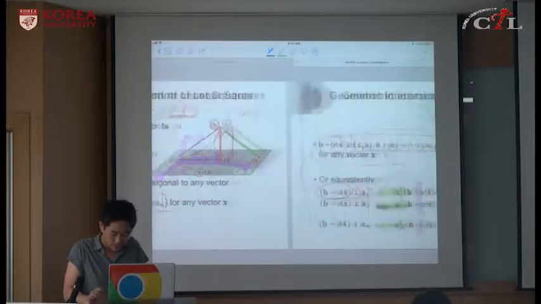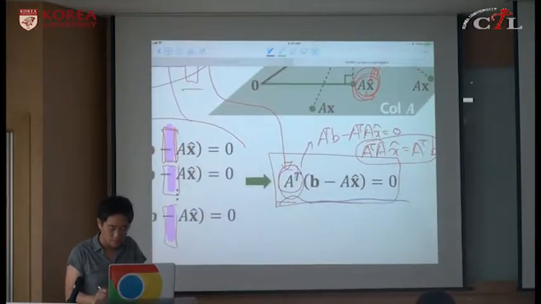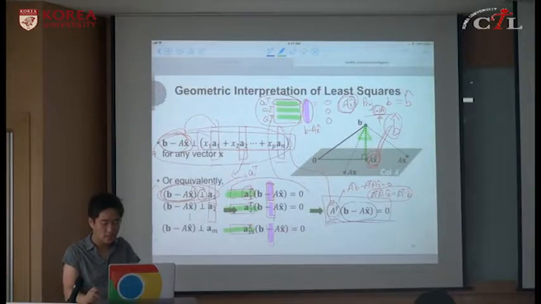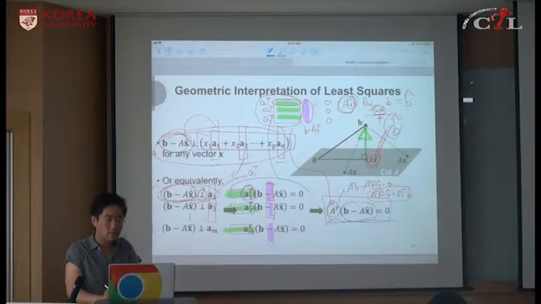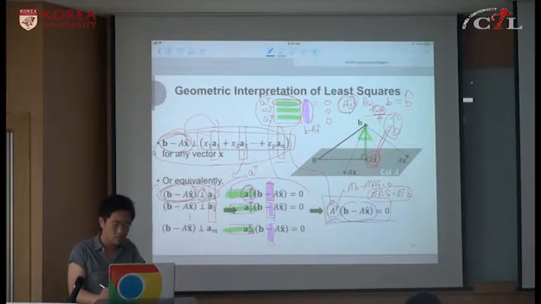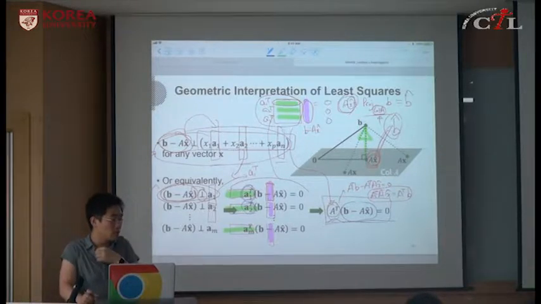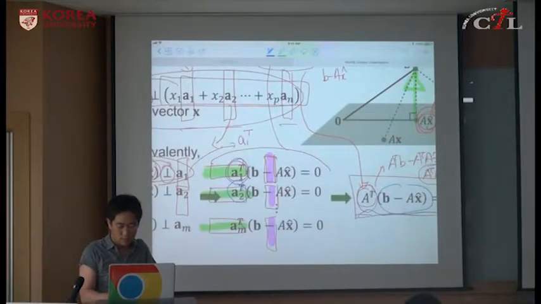Then we derived this equation where our error vector, this vertical vector, should be perpendicular to each of our column vectors in A. Thus we form the inner product by transposing each column vector as a row vector and multiplying it on the left, and then we obtain this set of linear equations, right?